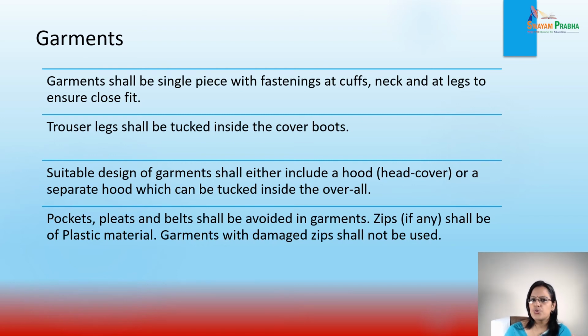Suitably designed garment shall either include a hood to cover the head, or a separate hood which can be tucked inside the overall. Pockets, pleats and belt shall be completely avoided in the garment. Zips shall be of plastic material. Garments with a damaged zip shall not be used.